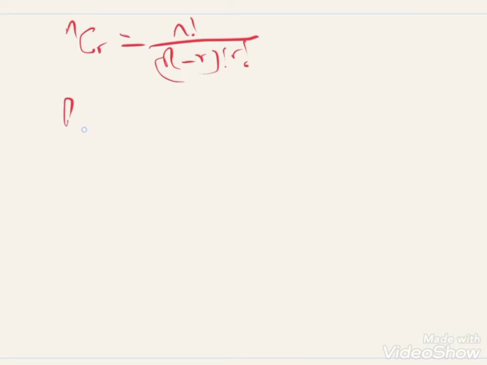For instance, for permutation, n permutation r equals n factorial over n minus r factorial.